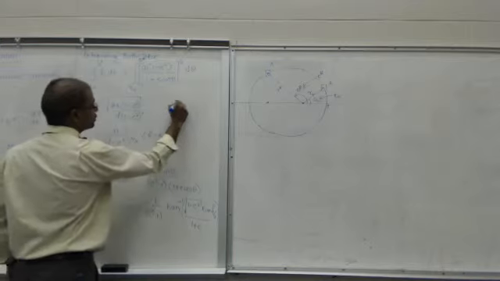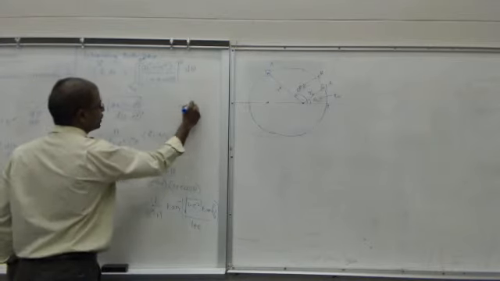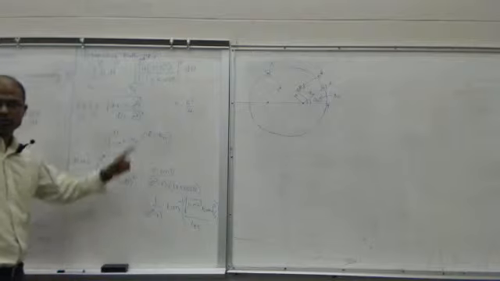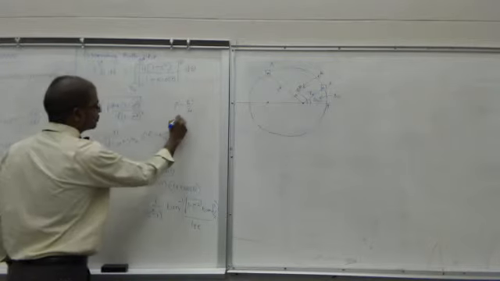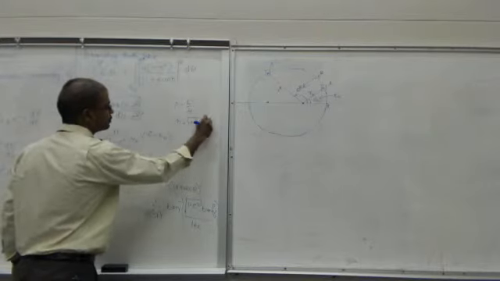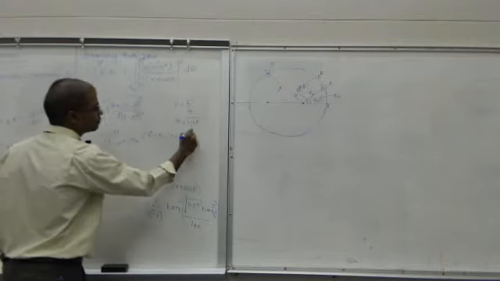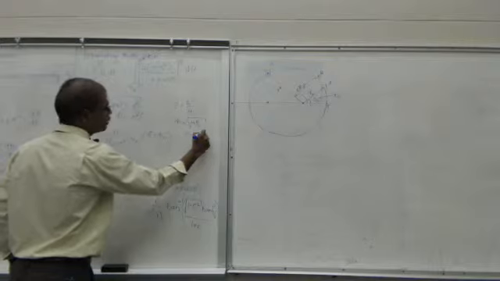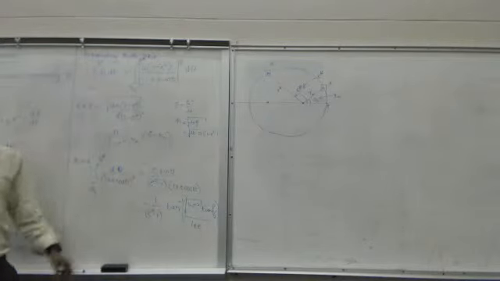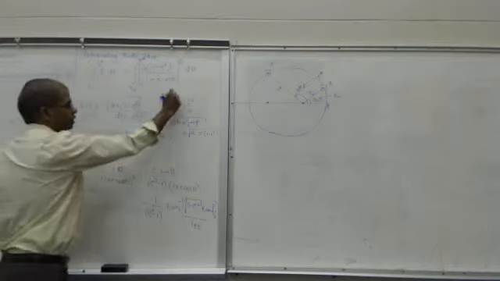Your P is A square over mu, right? That is what we said. Remember? H is root of mu P, right? P is what? A into 1 minus E square. So that is what you're seeing here.